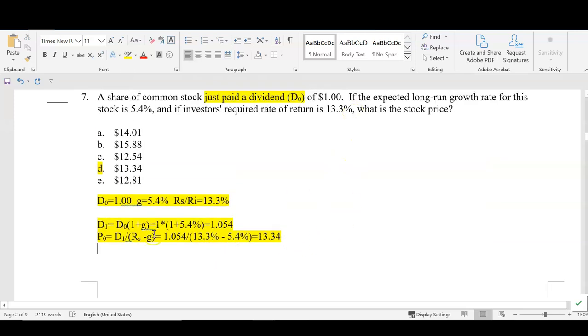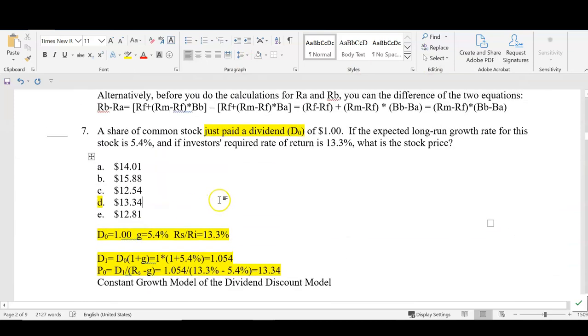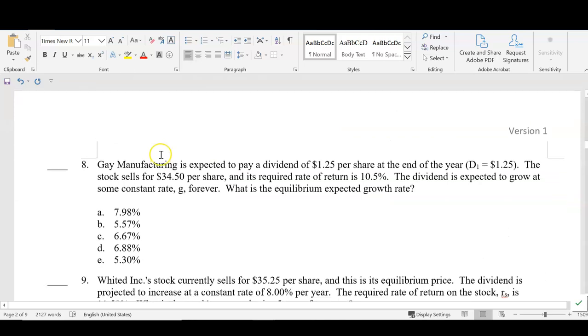This is just the constant growth model of the dividend discount model that we're using here. Okay, this is question 7.